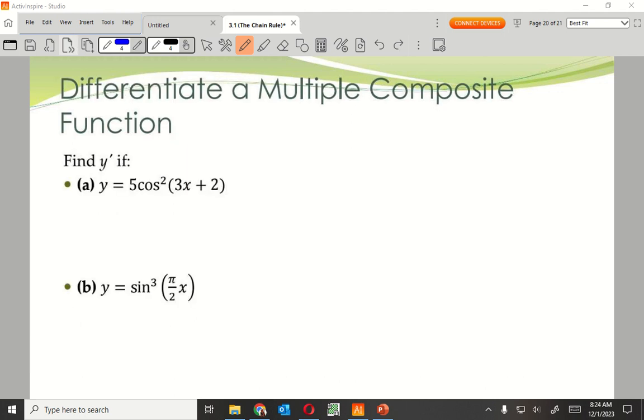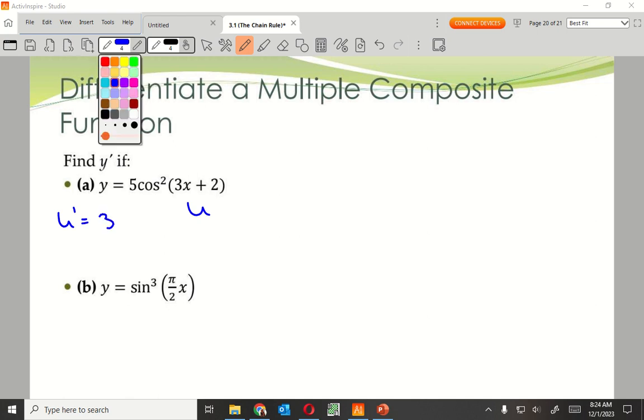Okay, so let's go ahead. I'm going to call this one u. So that's the inside of the inside, right? So u prime is?